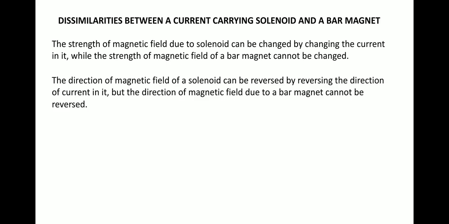But the direction of the magnetic field due to a bar magnet cannot be changed. This means you cannot change the polarity of a bar magnet. You cannot change north pole to south pole and south pole to north pole for a bar magnet. So these are two important dissimilarities between a current carrying solenoid and a bar magnet.